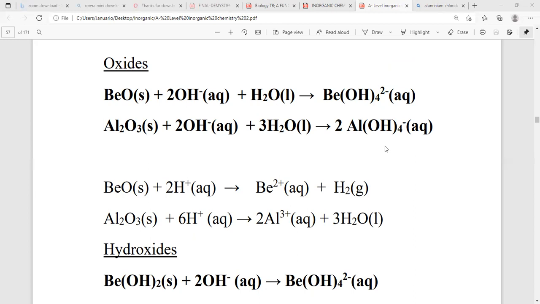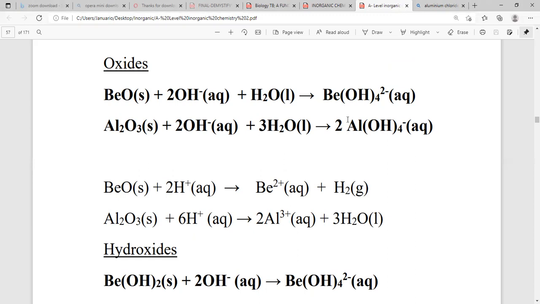So continuing, we are looking at beryllium oxide reacting with the hydroxyl to give us a complex of beryllium tetrahydroxide.